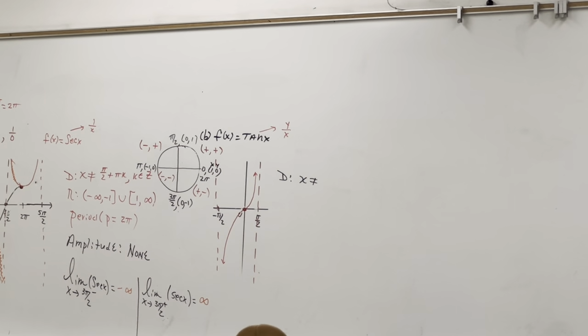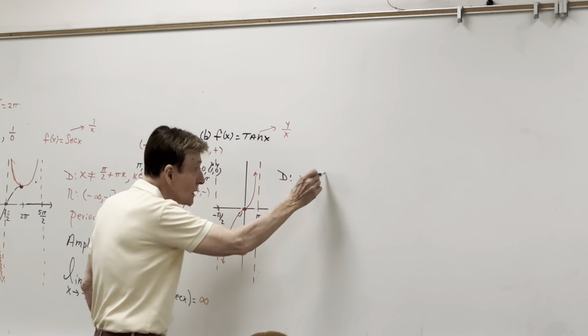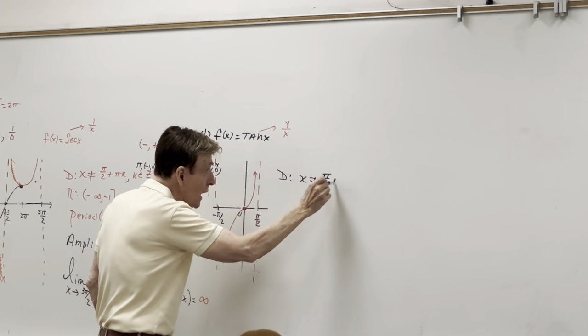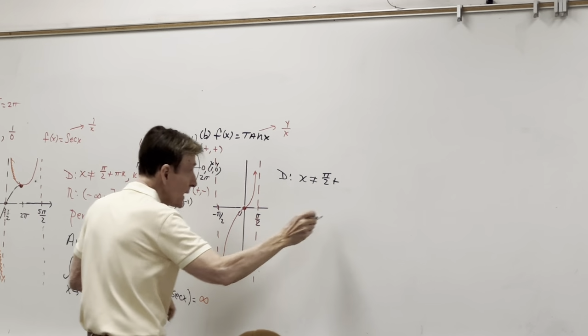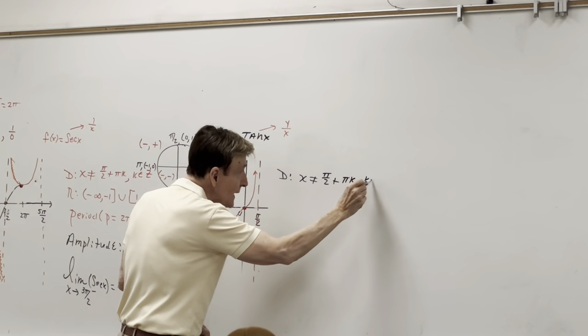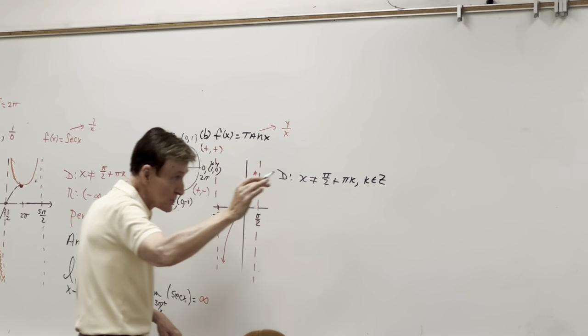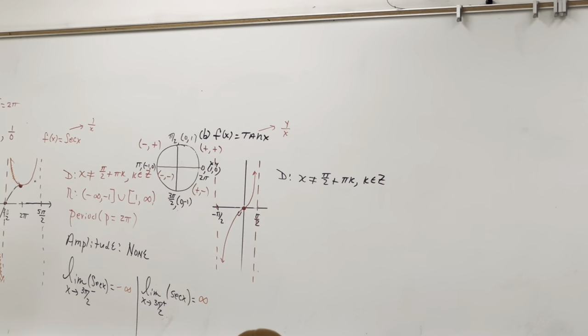X cannot be, and maybe I could write it the same way I wrote this one, to pick up where those asymptotes were. Are you telling me pi over 2 plus what? How do we write this? Pi k? K is an element of the integers, and we know what the integers are. Nice numbers to plug in there.